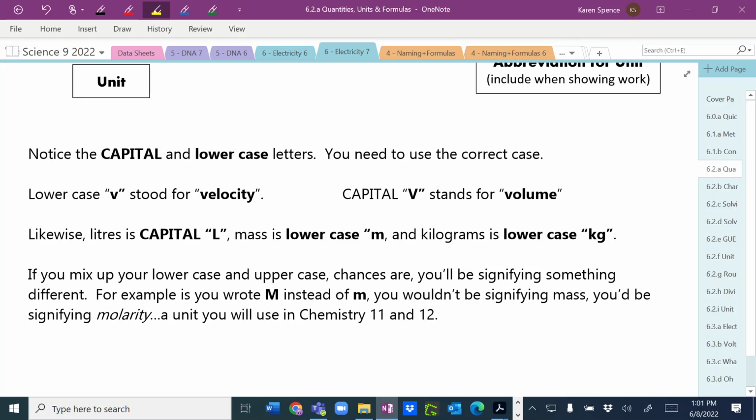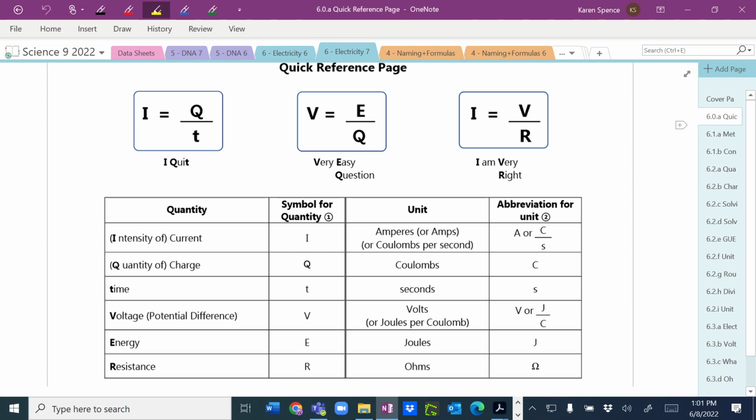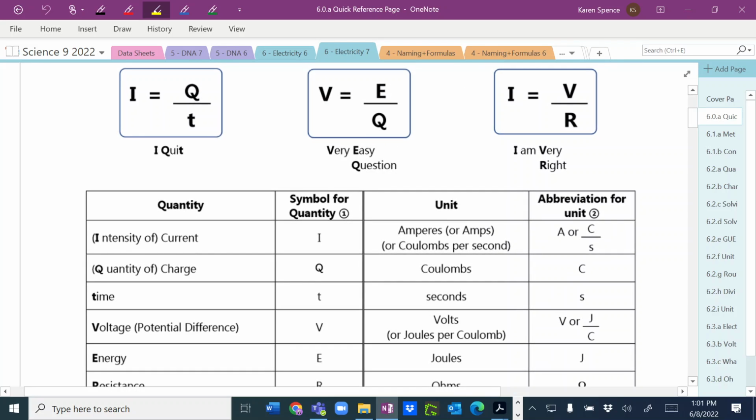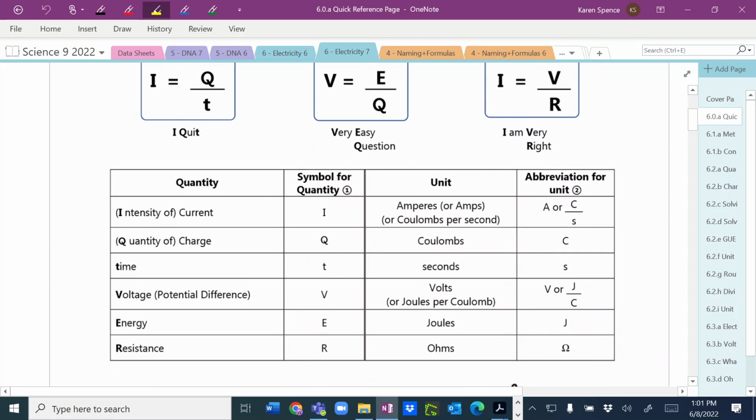But remember, you are going to have this thing, unless you choose to go without. Yes, and it's got all the units. Do you guys see volume and mass on here? This is page 1.